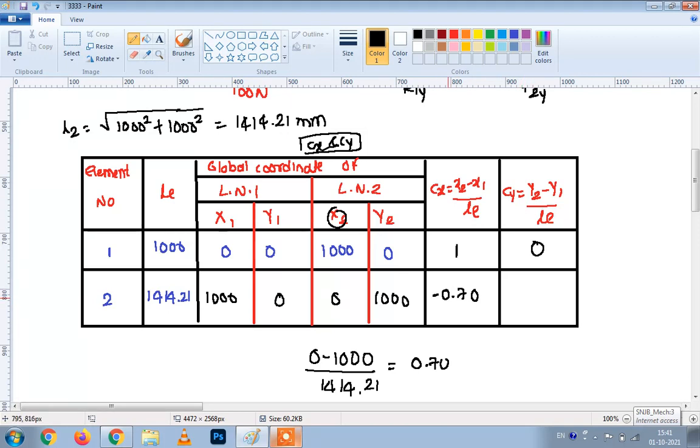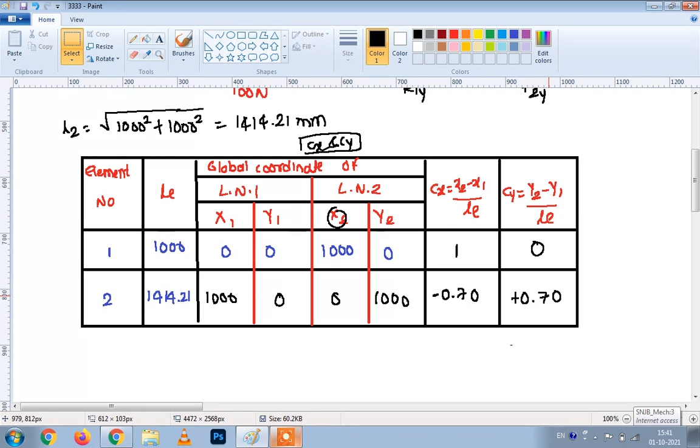Now y2 minus y1: 1000 minus 0 divided by the same value 1414.21 will become plus 0.70. So these are the values of Cx and Cy for element number 1, and these are the values of Cx and Cy for element number 2.